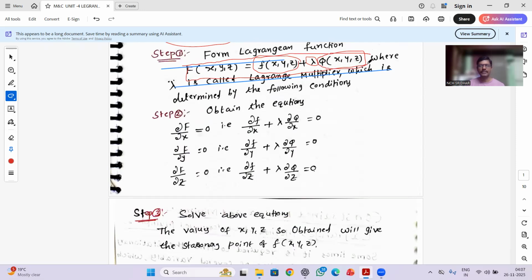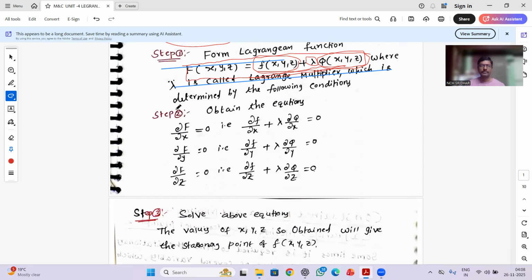We need to write the linear combination of these functions as capital F of x comma y comma z. If we write some function plus some constant into other function, we call it a linear combination. Now, this function is called the Lagrange's multiplier function or Lagrange's function.